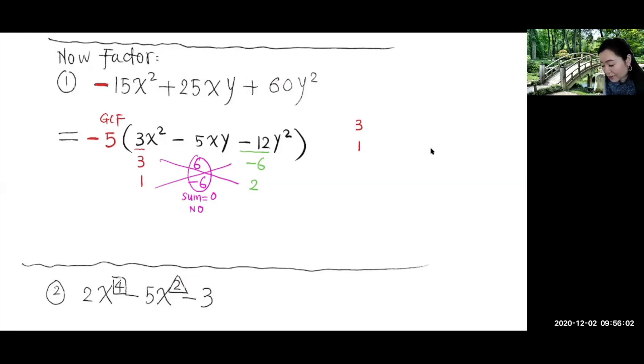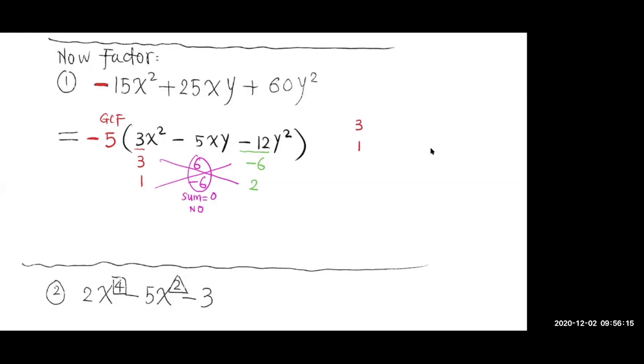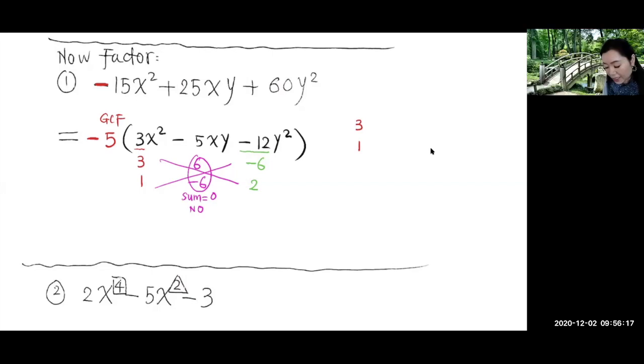Can someone tell me what will be a different way to factor -12? -3 and 4. Okay, so let's try -3 and 4, right? So this is going to be 12, and this is going to be -3. Again, the sum over here is not equal to -5, so no.